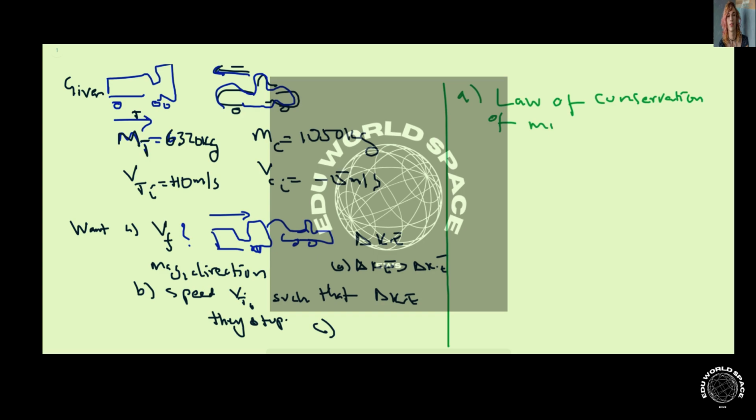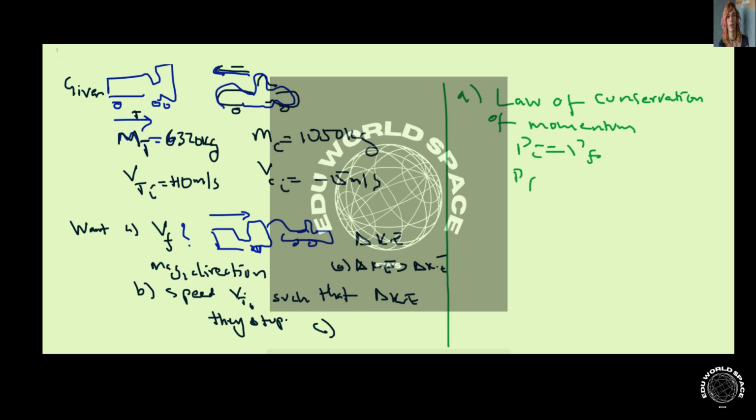The first part of the problem is that we are going to compute the final velocity using the law of conservation of momentum. We get to see that the initial momentum equals the final momentum.